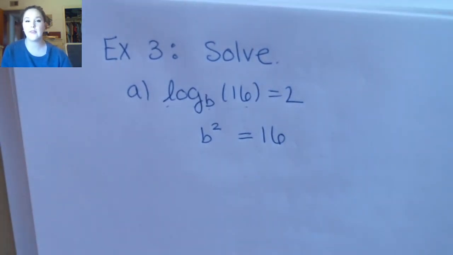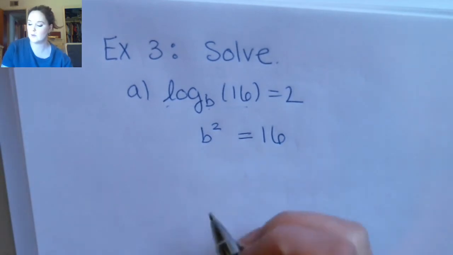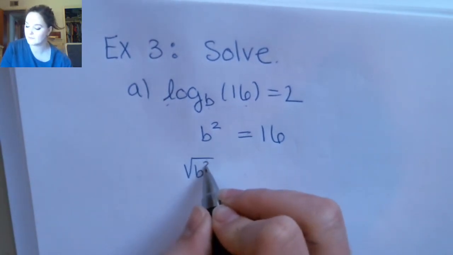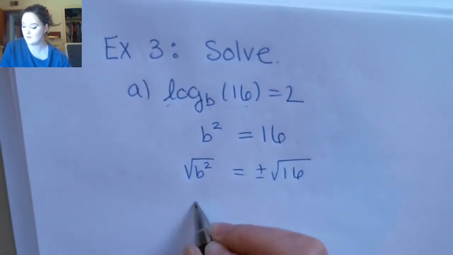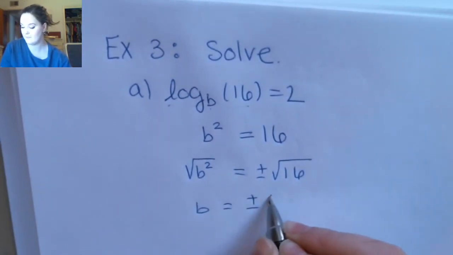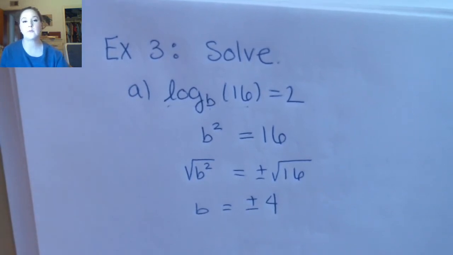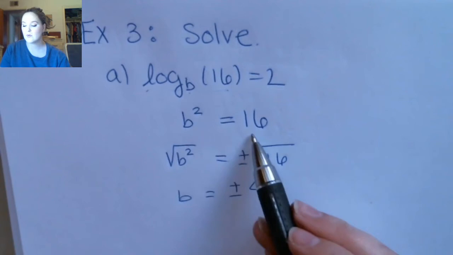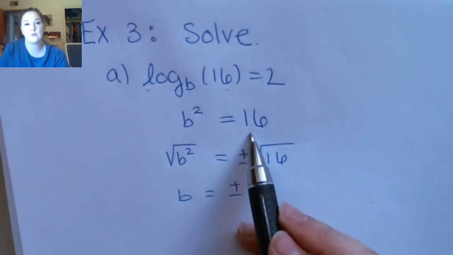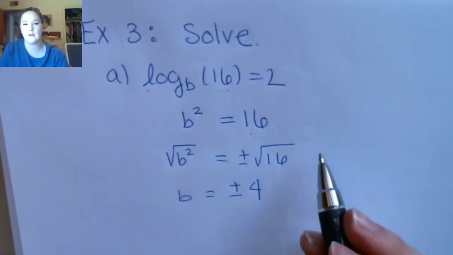Okay, and then now to solve this, we need to take the square root of both sides. Now, here's one case where you do have an extraneous solution. b squared equals 16 does have two solutions, +4 and -4.